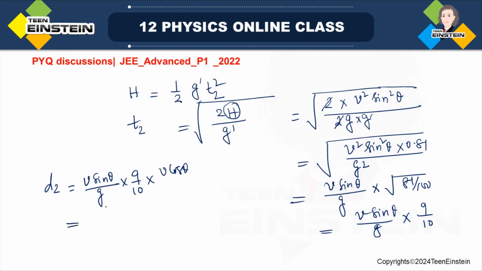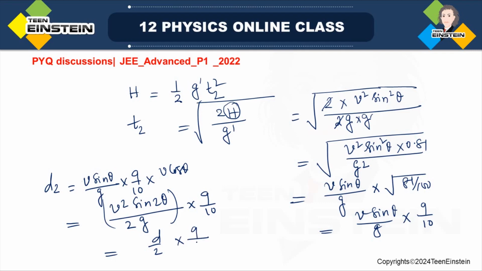Right. So here also I am getting, look, v square sine 2 theta. If I write this as 2g, and this is 9 by 10. Look, then see, this much is actually d by 2, and this is 9 by 10.